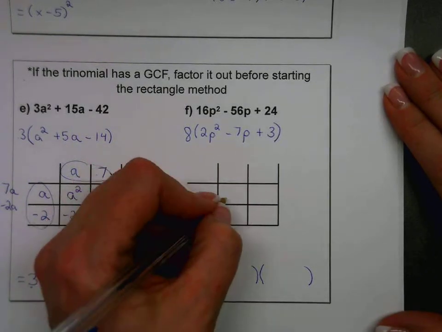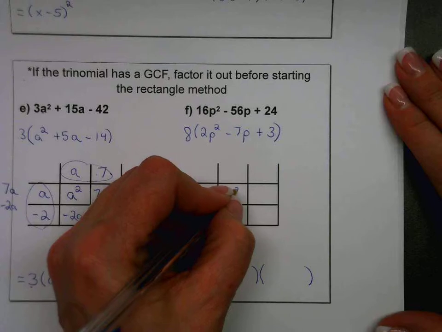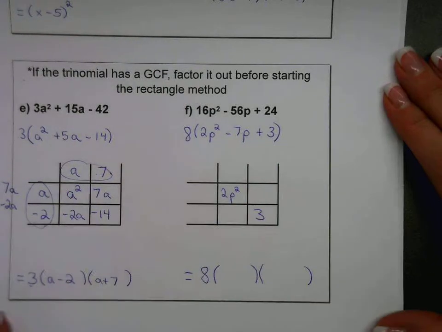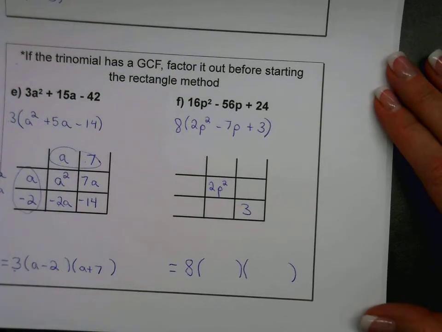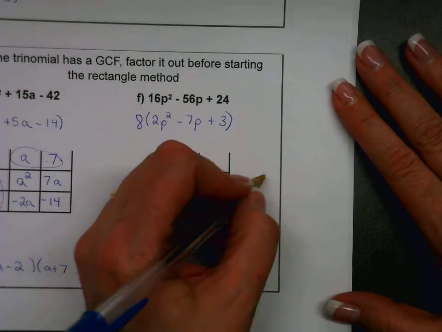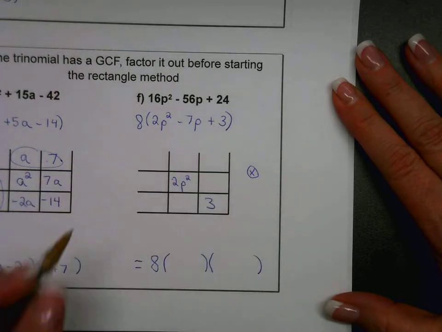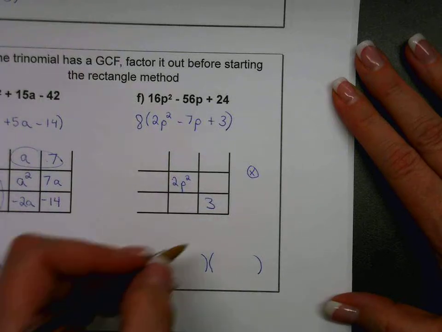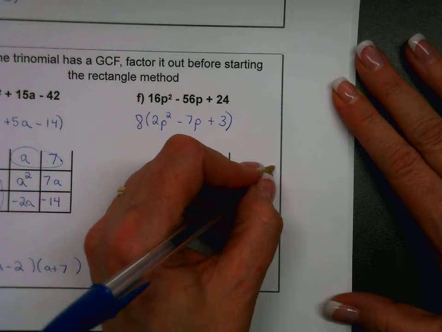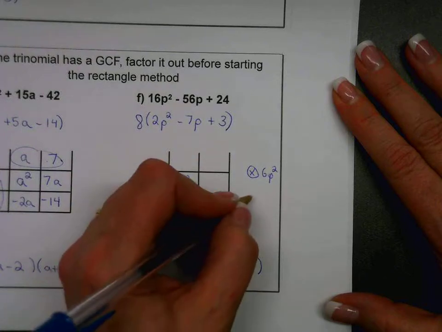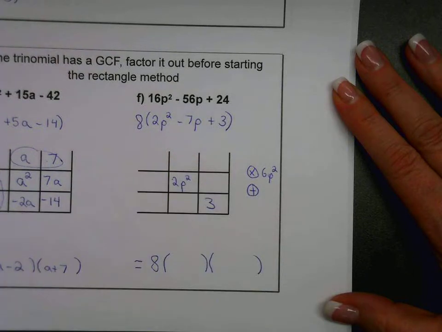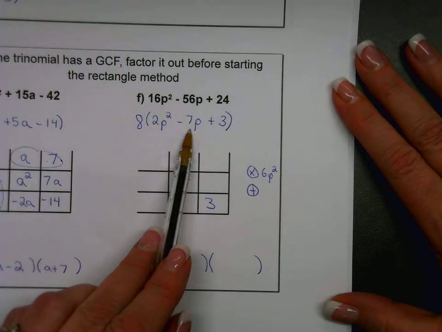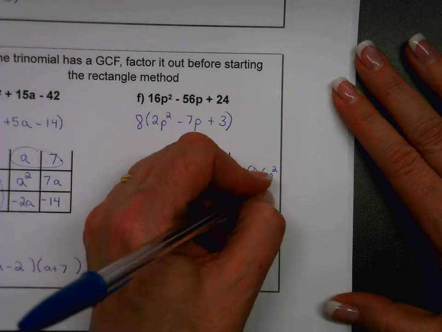You place the 2p squared, you place the 3. That means that the 2 remaining boxes have to satisfy the conditions that they have to multiply to a 6p squared. They have to add to this middle term, -7p.